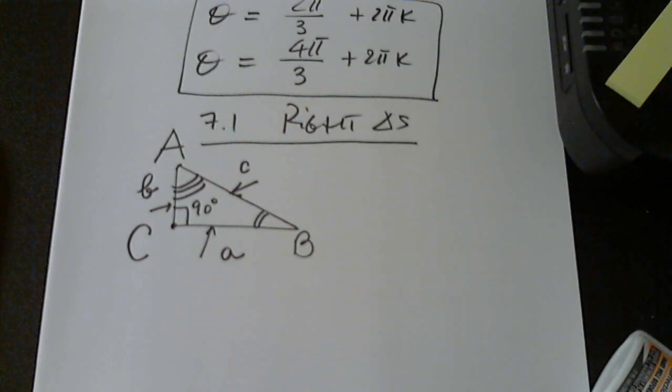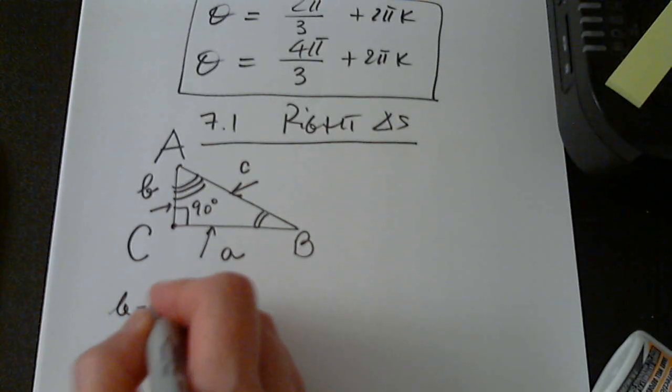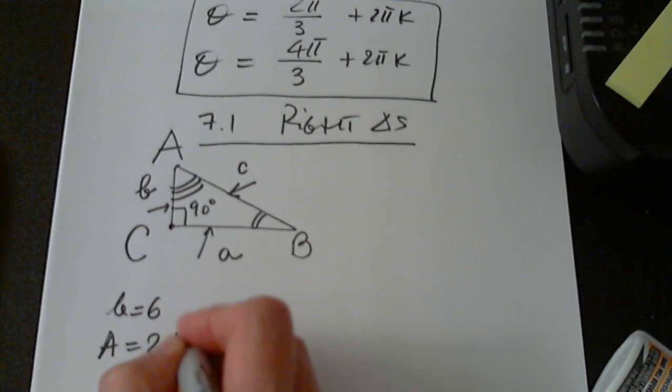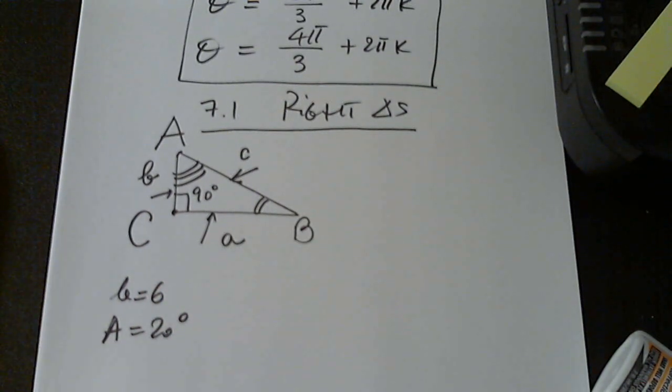Okay, but for now we'll stick with this notation as we see it here, of course with uppercase C here. Okay, so they're telling us that B equals 6, angle A equals 20 degrees, and they're asking us to find the rest. Okay, fine.